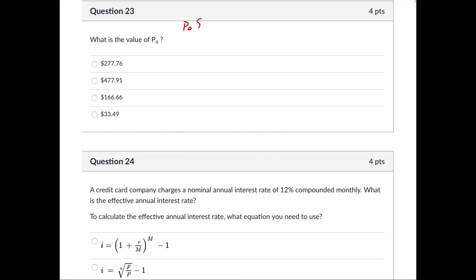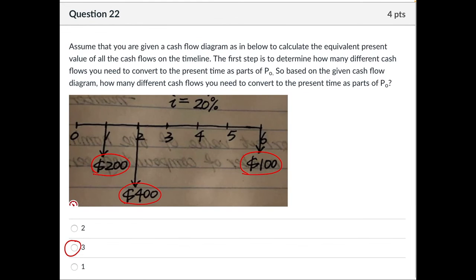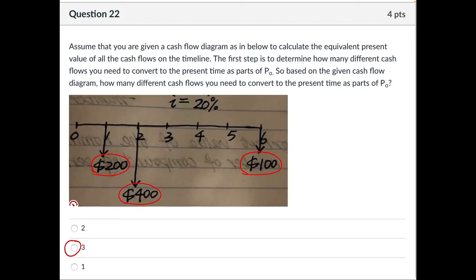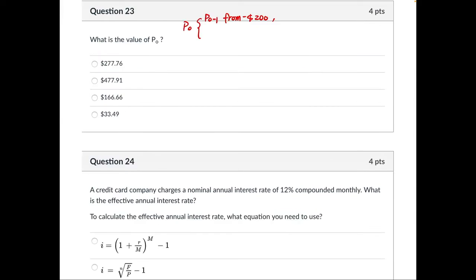P0 is from 3 parts. P0-1 is from the $200, it's negative, and it's a value at the end of the first period.